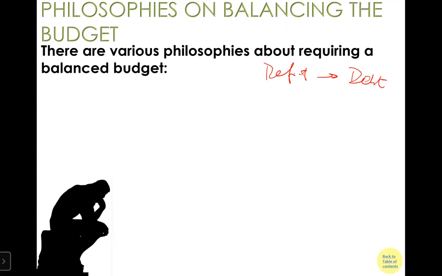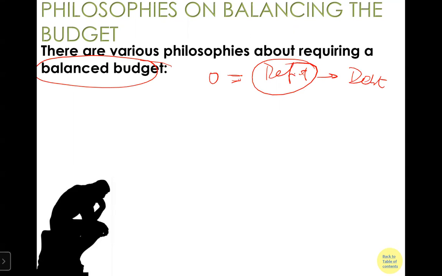Debt is a burden. Debt is going to affect your future financial health as an individual. Similarly, when we think about the government, there are people arguing we need to have a balanced budget, which means we want to set the deficit equal to 0. You spend based on how much you can earn.